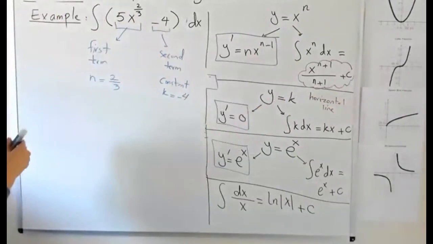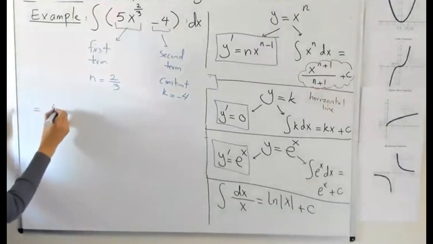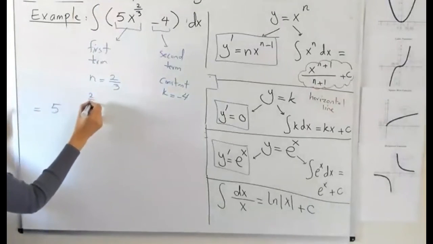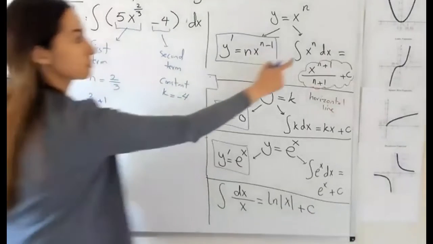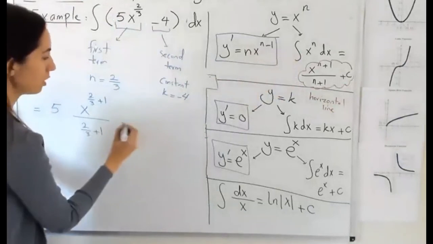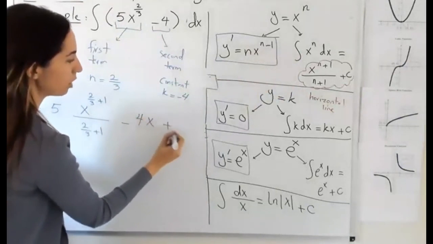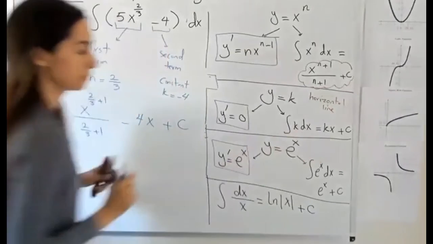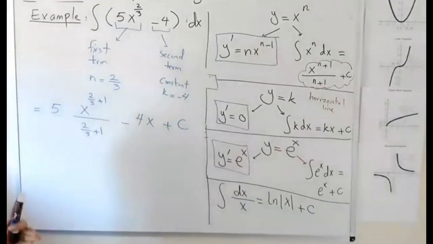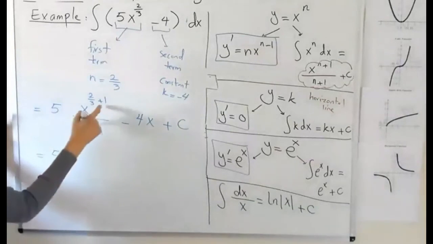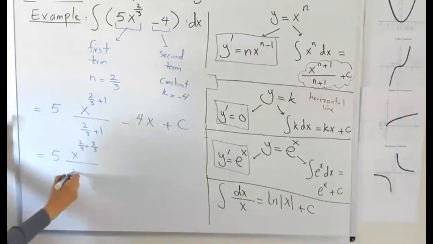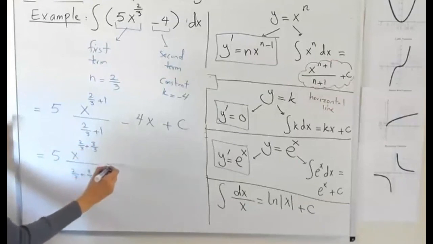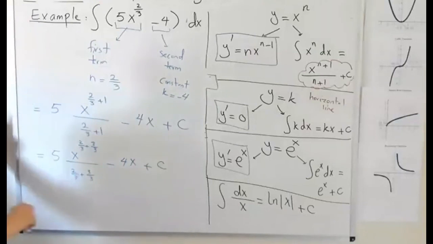Very good. Let's take the integral. The first integral is 5 times x raised to 2/3 plus 1 divided by 2/3 plus 1. And here you have minus 4x plus c. You're done with the calculus part. The rest is algebra. Let us take the common denominator. For this, you get x to 2/3 plus 3/3 divided by 2/3 plus 3/3 minus 4x plus c.